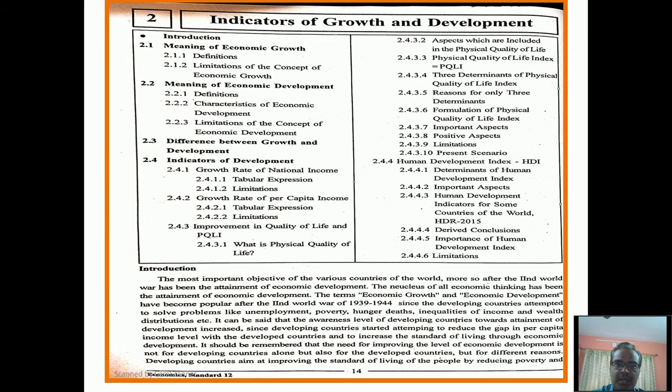It should be remembered that the need for improving the level of economic development is not for the developing countries alone, but also for the developed countries, but for different reasons.